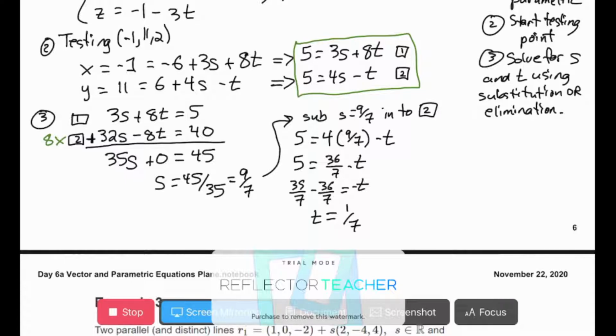I'm just going to make a quick note here. Note, there are many paths here. And this one is not the best.